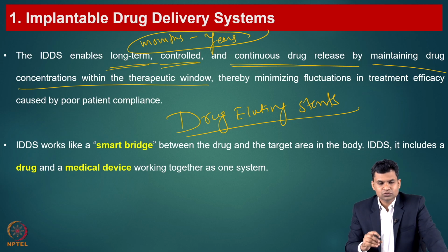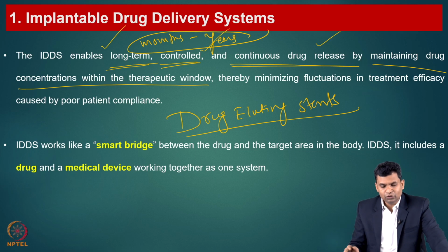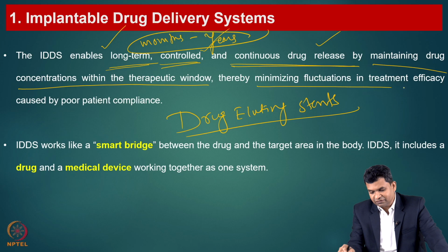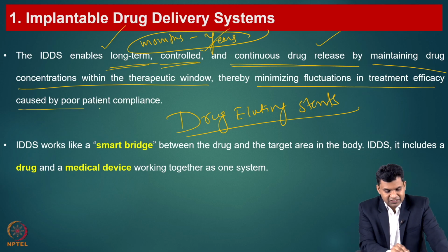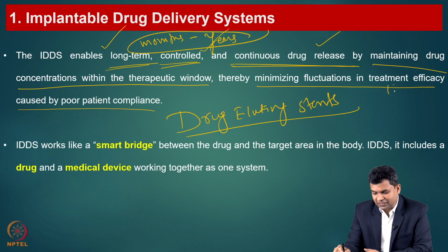So, we can move from conventional stents to drug eluting stents, which show long term performance, controlled manner, and continuous drug release within the therapeutic window, thereby minimizing the fluctuation in treatment efficacy caused by poor patient compliance, which we see in conventional dosage forms.